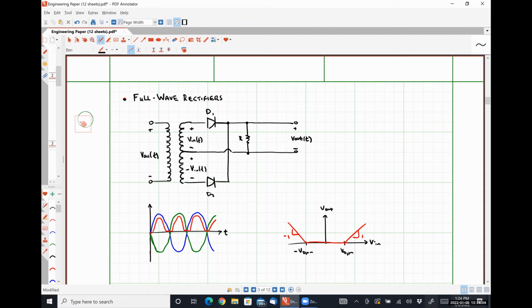So without a capacitor, what do you think the peak inverse voltage is going to be? Let me label some things here real quick.